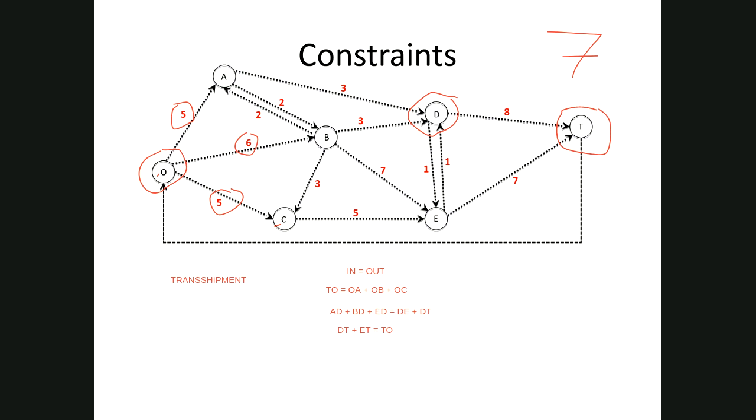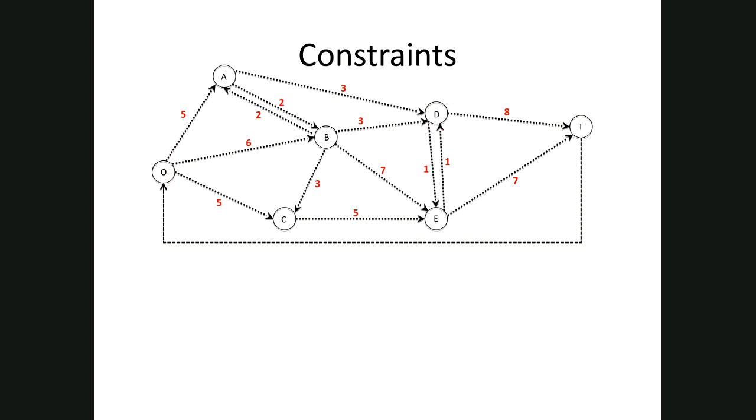So there's a whole different set of constraints, which are capacity constraints. Every one of our pipes has a capacity, a limit, with the exception of T to O.